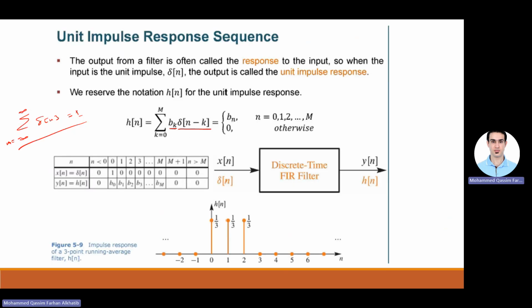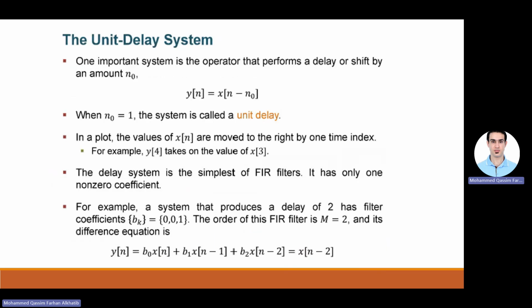All right, so that's the impulse sequence. The delay: we know that convolution with a unit impulse will cause a delay. When n naught equals 1, you have what you call a unit delay.